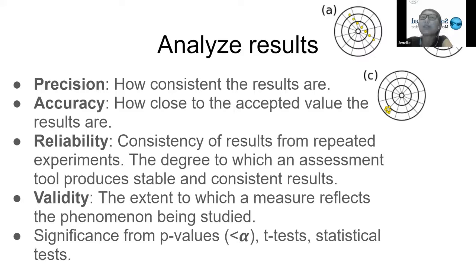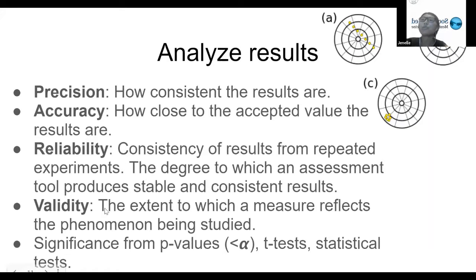And then after that is looking at reliability and validity, which are more associated with the tool that you are using to analyze your results. And so reliability is the consistency of results from repeated experiments and the degree to which an assessment tool produces stable and consistent results. And then validity, the extent to which a measure reflects the phenomenon being studied, would be when that measure is actually showing the correct value it should.